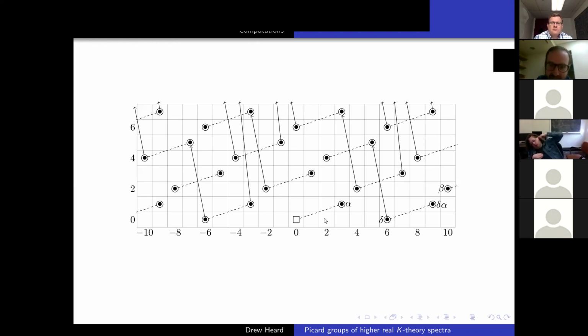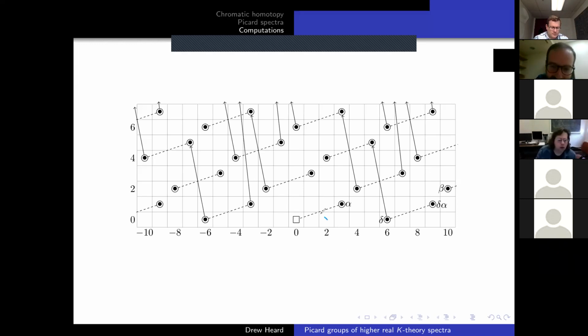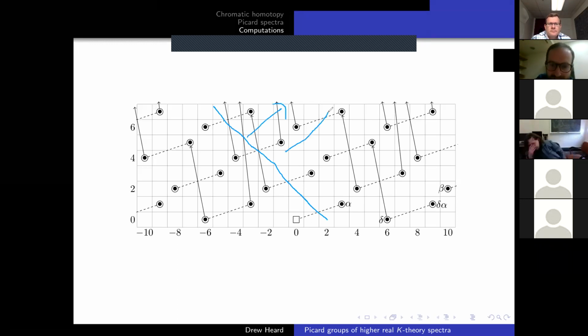So everything on this side is also in the Picard spectral sequence. It just gets shifted by one to the right. In particular, remember we're interested in pi naught of the Picard spectral sequence.